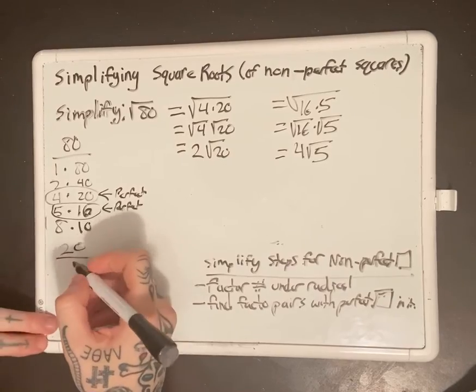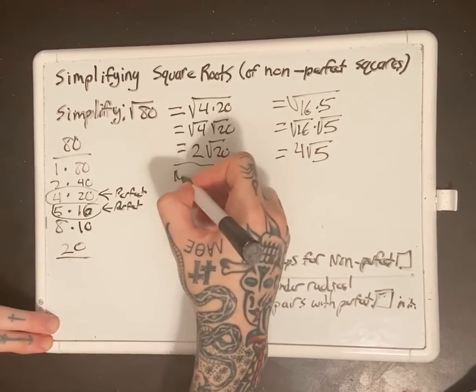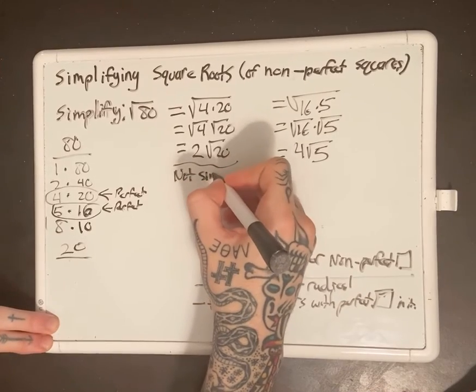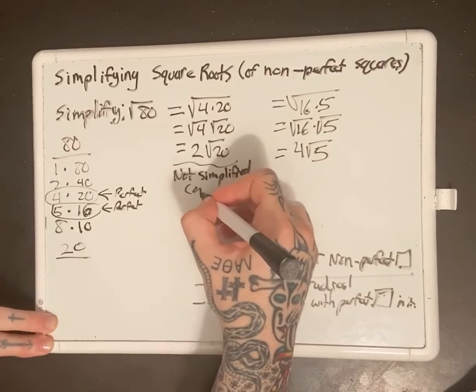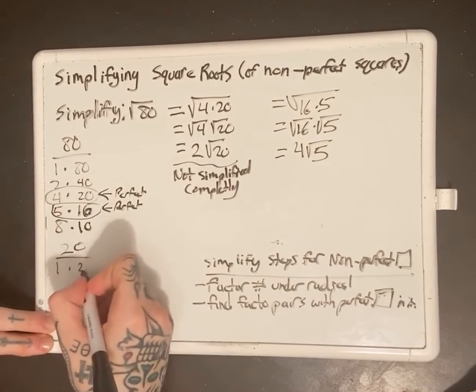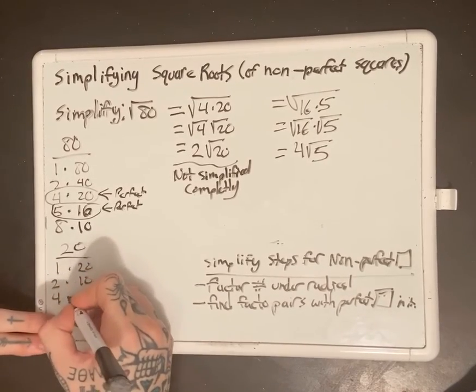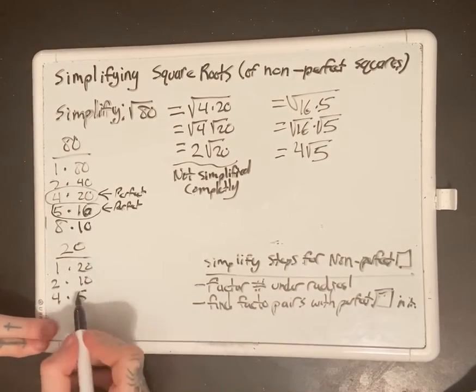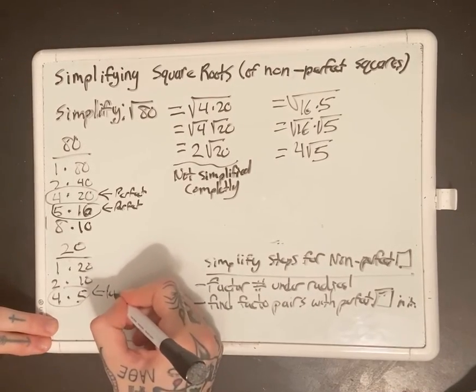Let's look at the factors of 20 again. It's not simplified completely. All right, so here we have another perfect square.